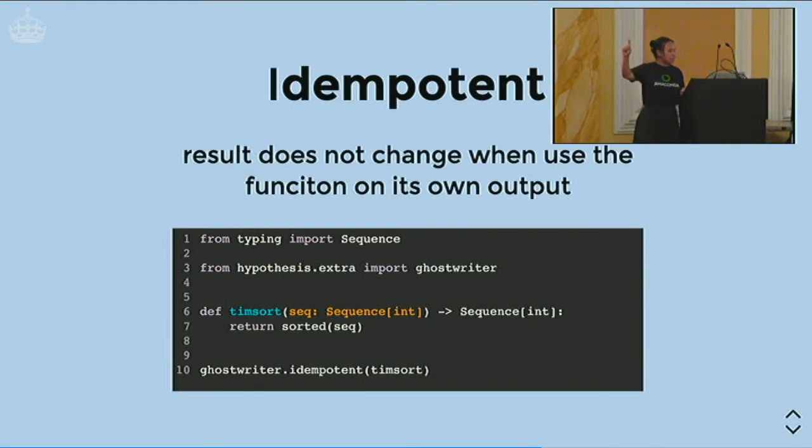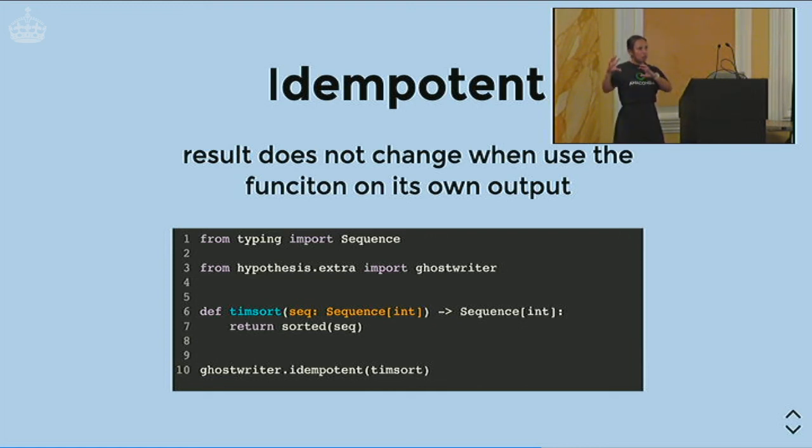The other one, this is the interesting one in my opinion, because it is checking whether the same function called twice gives a result that doesn't change. What does it mean? For example, you have a sort function. If you have a list that you need to sort, once it got sorted, it is sorted. So if you call it twice, it actually doesn't change anything. This is what it's checking.